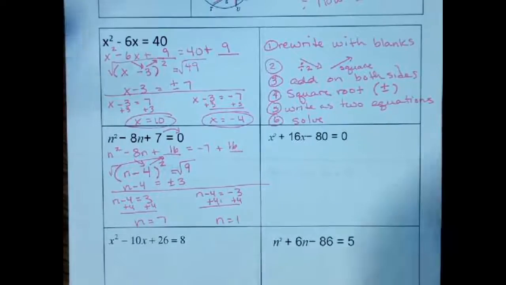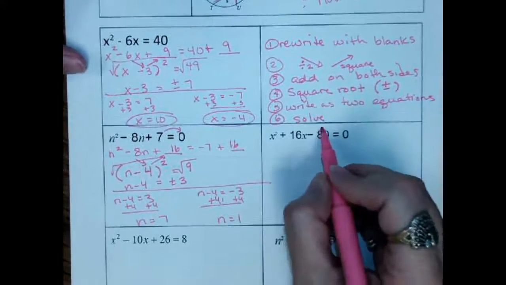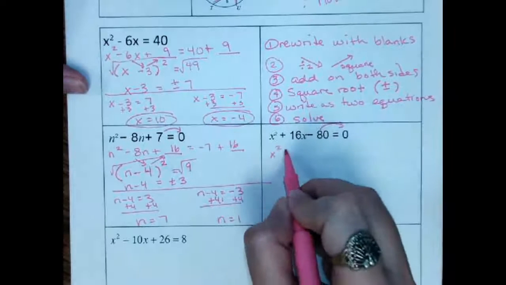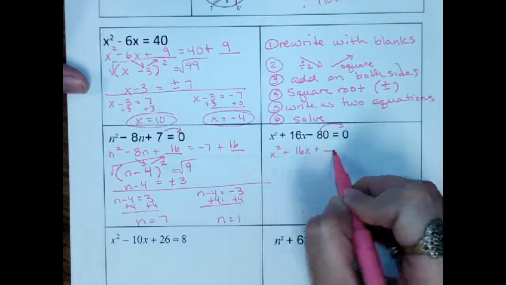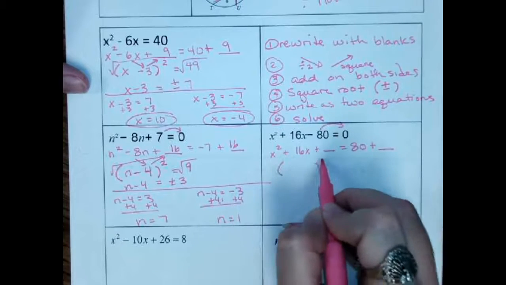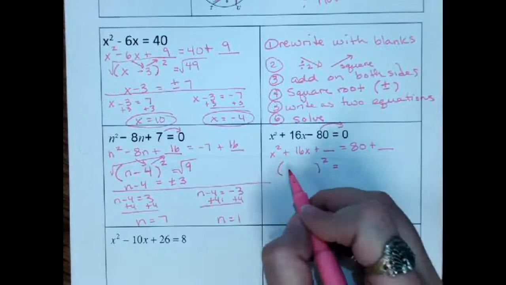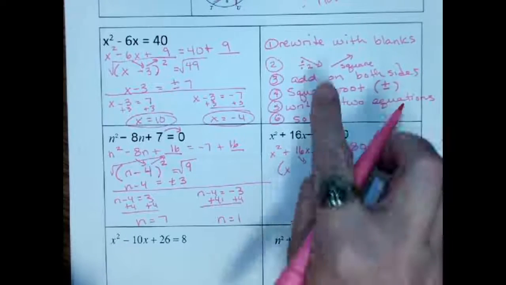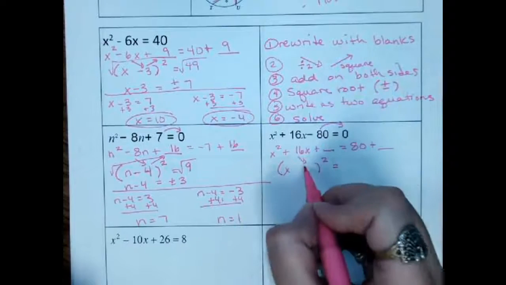Okay, next one. And it's just the same steps over and over. So, this goes to the other side. Add the blanks. Write your form. Divide by 2 as you go down, square as you go up.